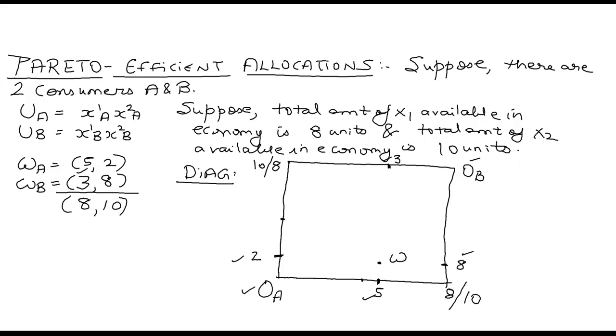From A's origin, this is 2 and this is 5. From B's origin, this is 3 and this is 8. You can see that 5 plus 3 sum up to 8 and 2 plus 8 will sum up to 10.